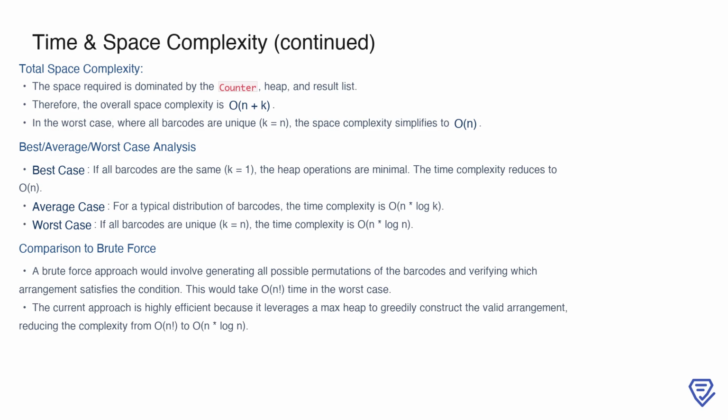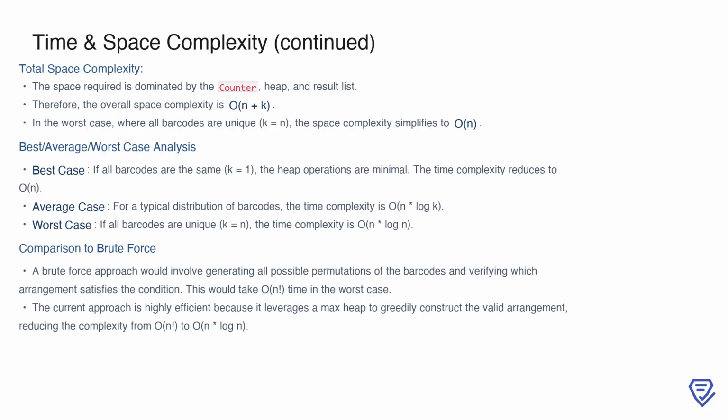In the best case, where all barcodes are identical, k equals 1. The heap operations are minimal, and the time complexity reduces to n. For a typical distribution of barcodes, the time complexity is n * log k. In the worst case, where all barcodes are unique, k equals n, and the time complexity becomes O(n * log n).